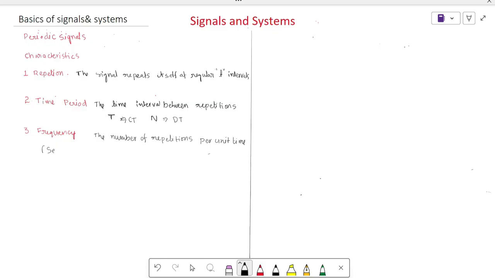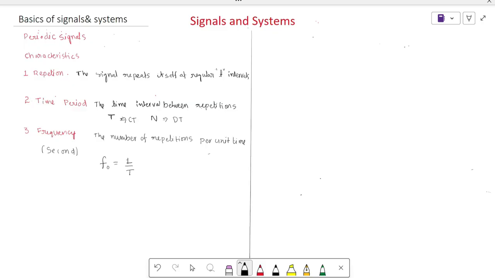Second. So the number of repetitions, number of cycles per second is nothing but frequency. Then the frequency for continuous time is nothing but 1 by capital T. Is it? So this is a general formula. Then you understood that a periodic signal is nothing but a signal which repeats cycles for every time interval.